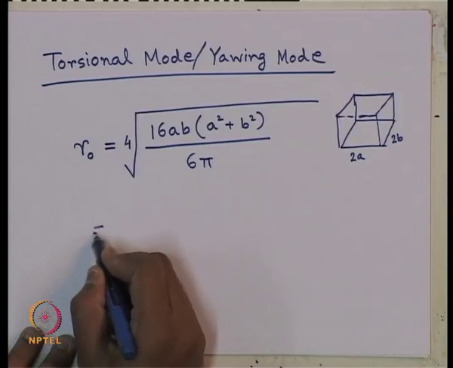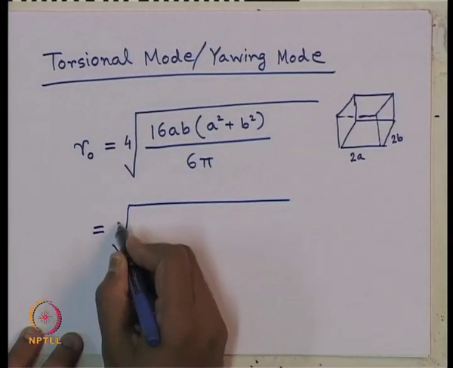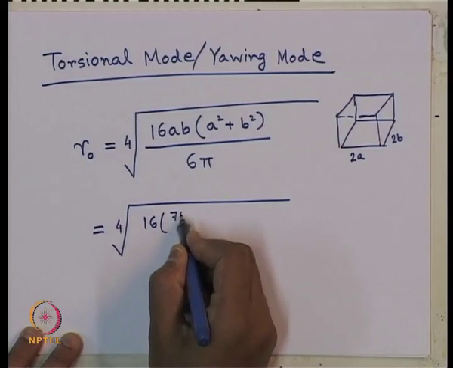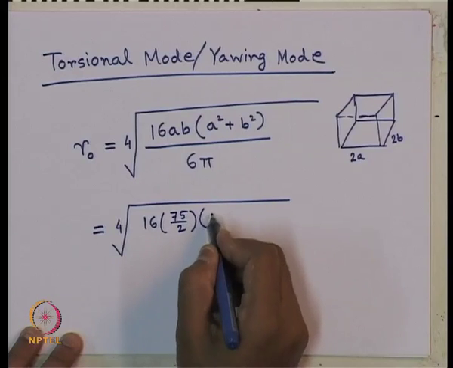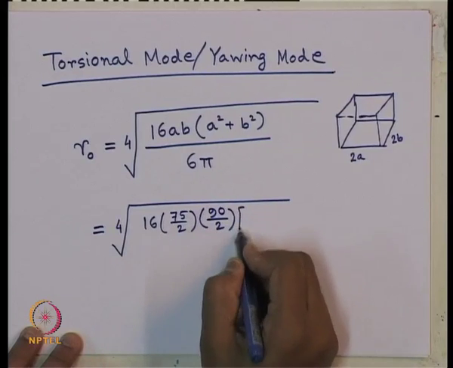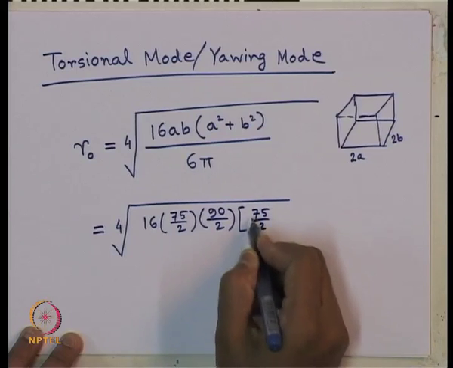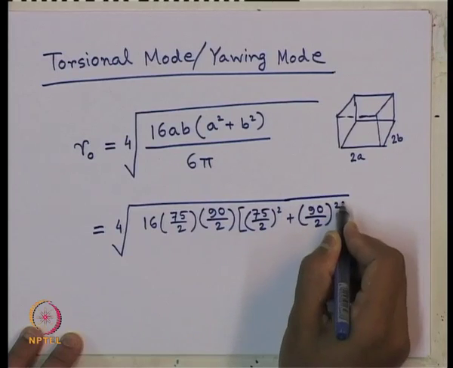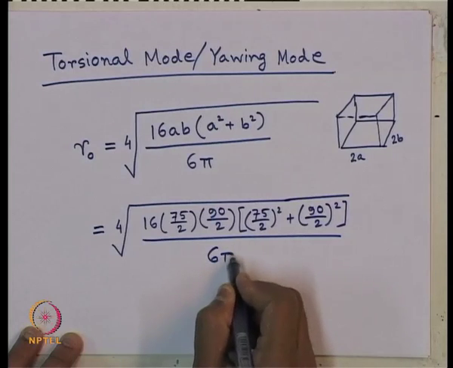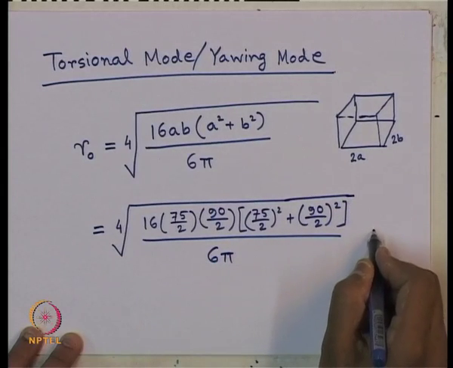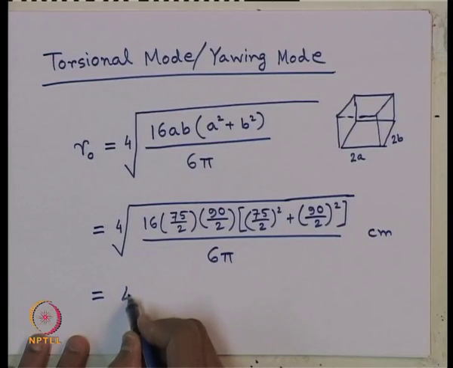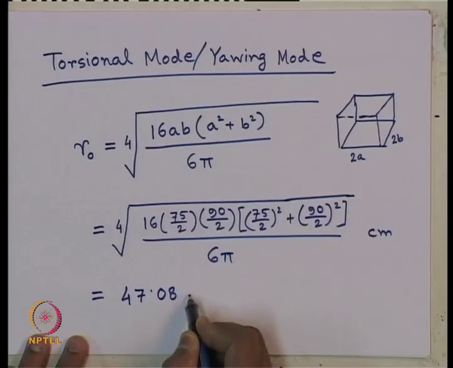So, if we calculate for our case, 16 a b is 75 by 2, 90 by 2, (75 by 2 whole square plus 90 by 2 whole square) by 6 pi. So much of centimeter, because everything is in centimeter. Let us calculate this. How much R naught are we getting? 47.08 centimeter.